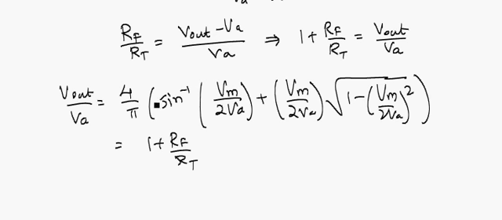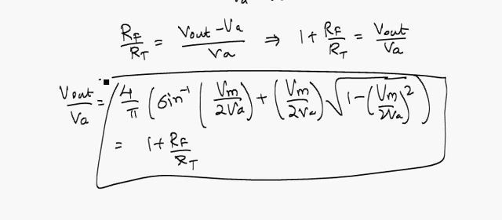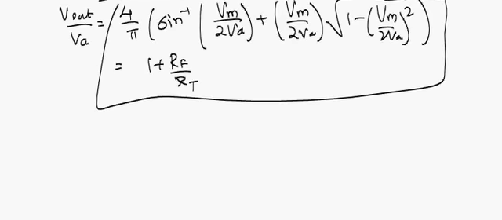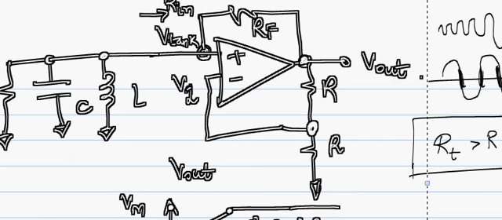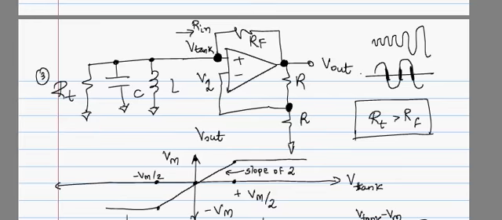You know what Vm is, you know what RF is, RT is, 4 by pi, everything is known. So you just have to solve this equation implicitly to find the VA, and you will find it to be 0.7877 volts. This is quite similar to what I derived in the homework solutions.